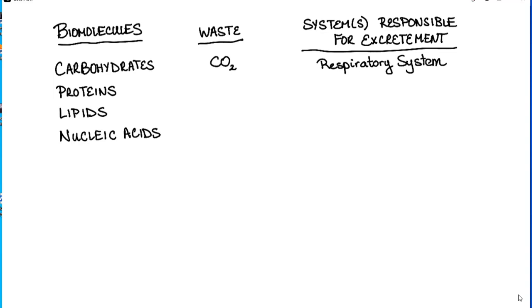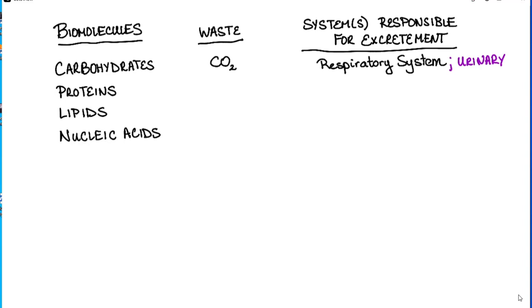So you can actually assist with CO2 excrement in the urinary system. So I will change the color to denote a secondary assisting system.